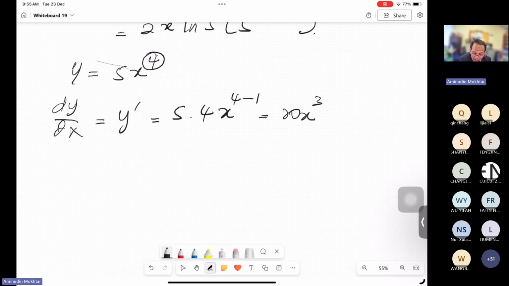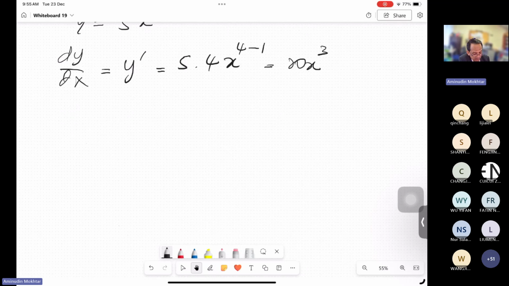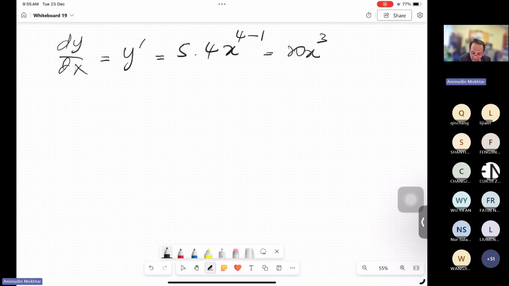The next one: for example, I have another equation. We can apply the sum and difference rule, or differentiating the sum and difference of functions.